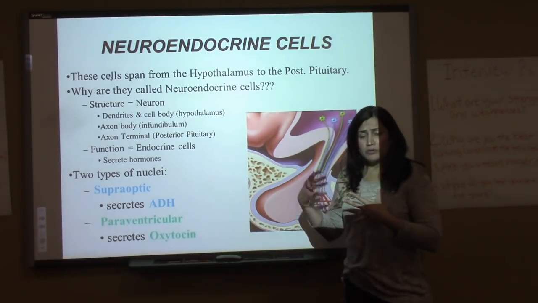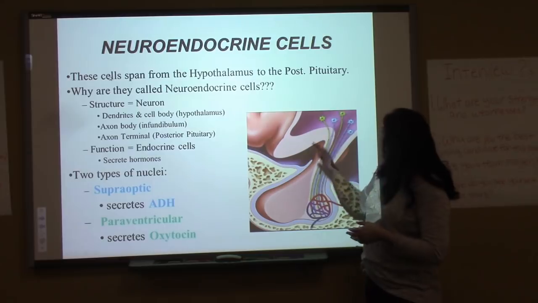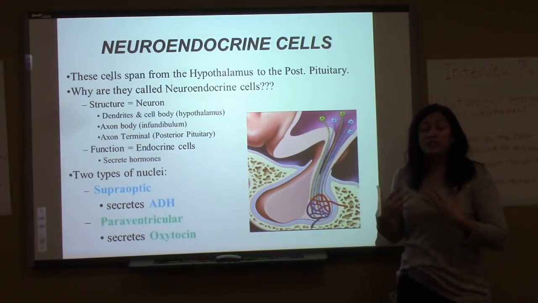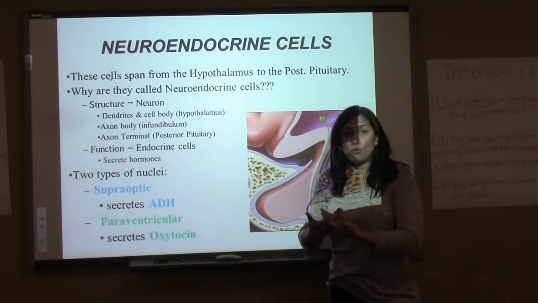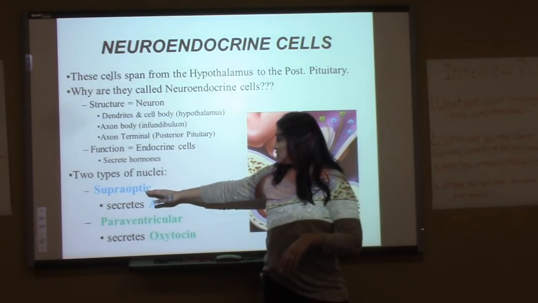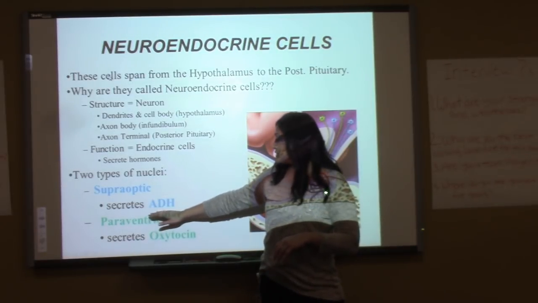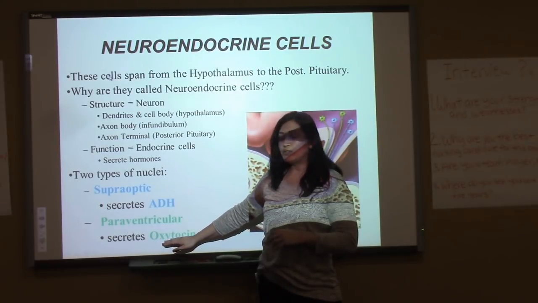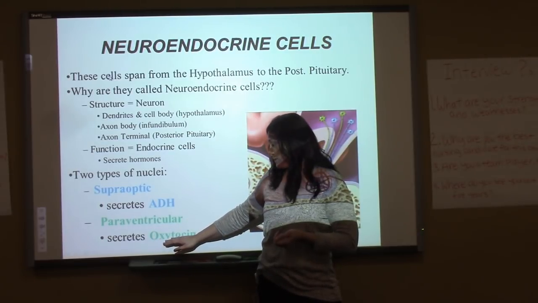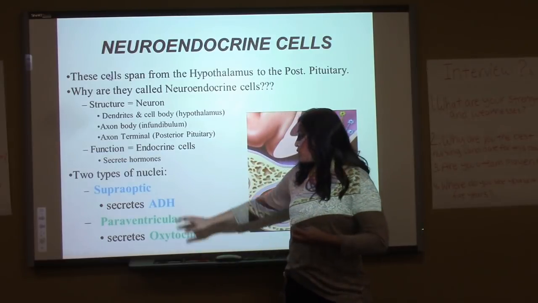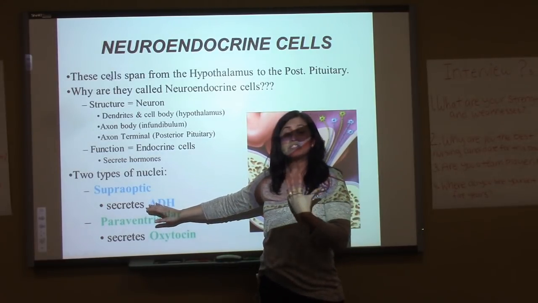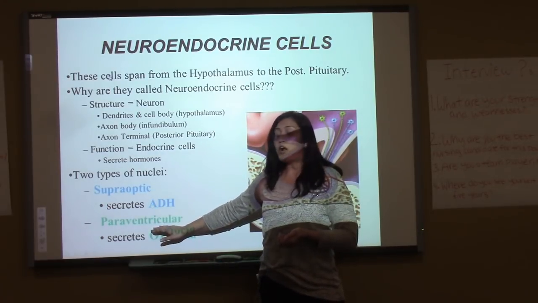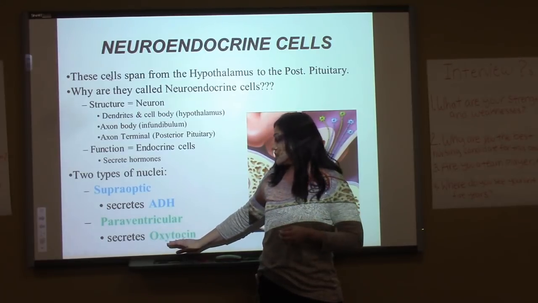There are two different cells, the green and the blue, because they have two different types of nuclei, or cell bodies. The supraoptic nuclei produces and secretes ADH, and the paraventricular nuclei produces and secretes oxytocin.